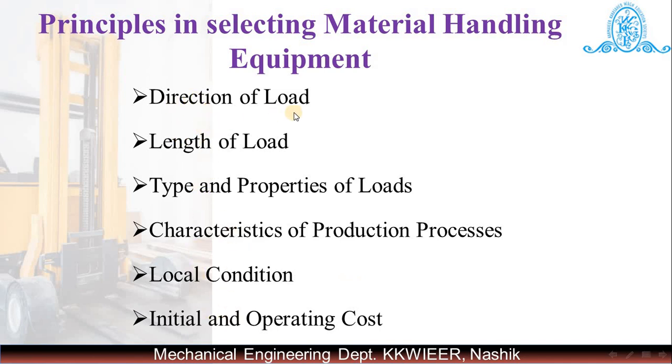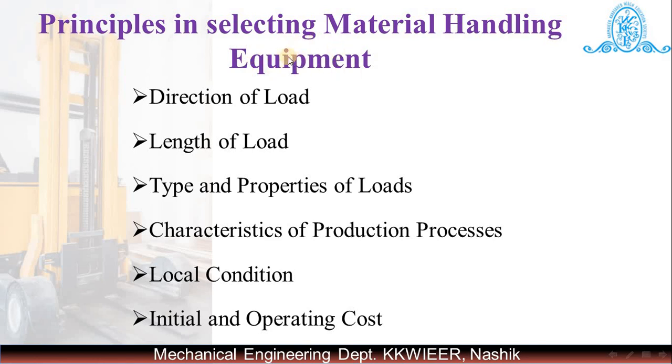First one is direction of load, then length of load, type and properties of the load, characteristics of the production process, local conditions, and initial and operating conditions. When we consider the first one, direction of load, in which direction we have to transfer the load, based on that we have to select the material handling equipment.